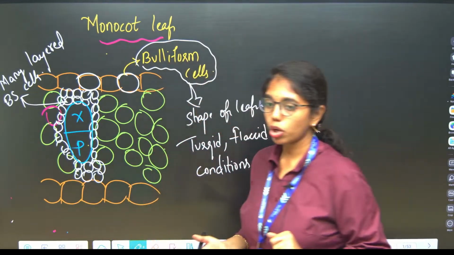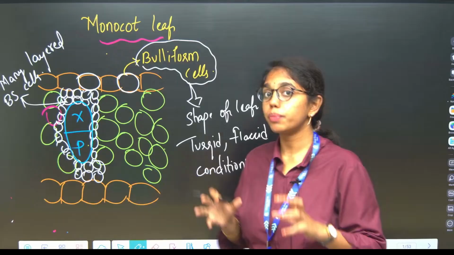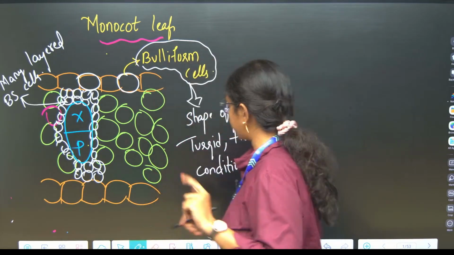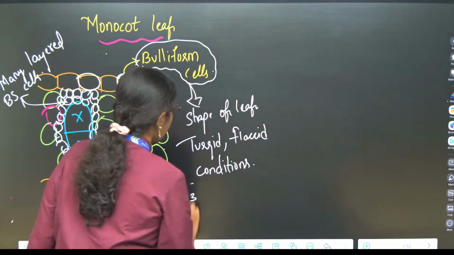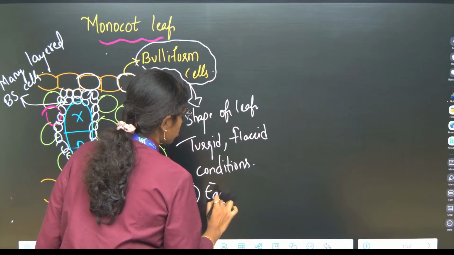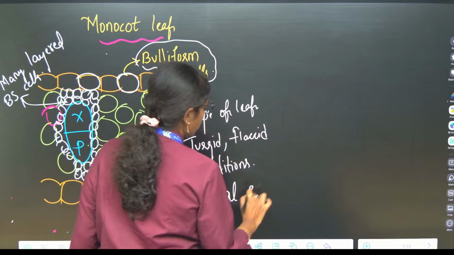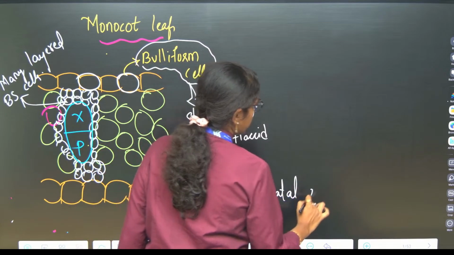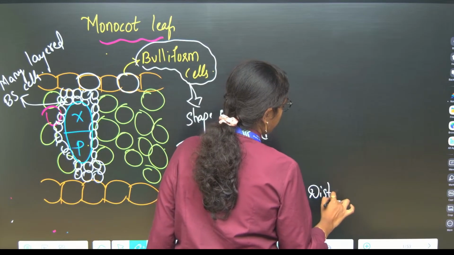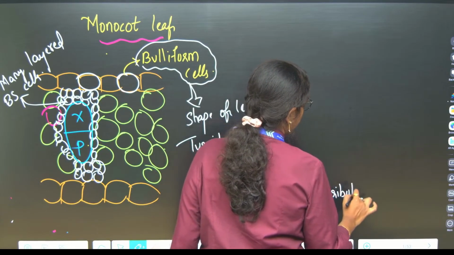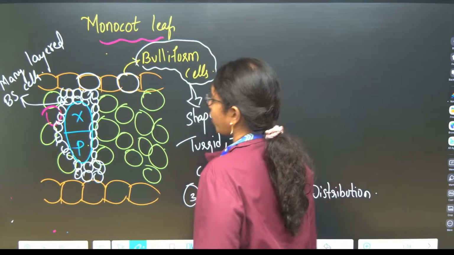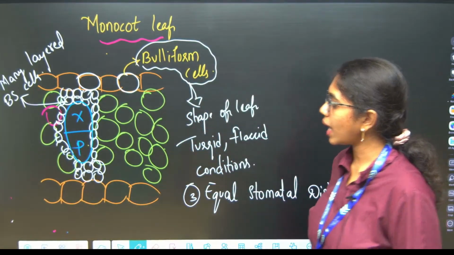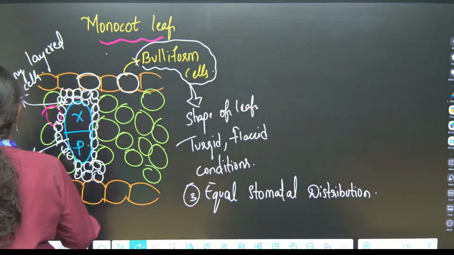But here in the monocot leaf, there is equal distribution of stomata in both adaxial and abaxial epidermis. So, what is the third difference? Equal stomatal distribution. Any doubt anywhere? And the vascular bundles will be conjoint and closed.